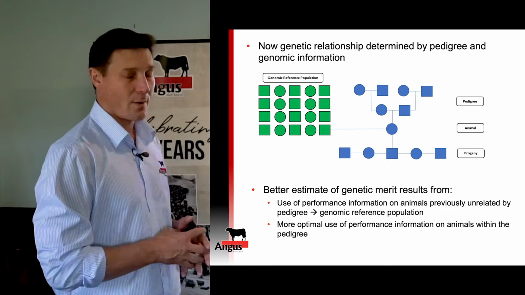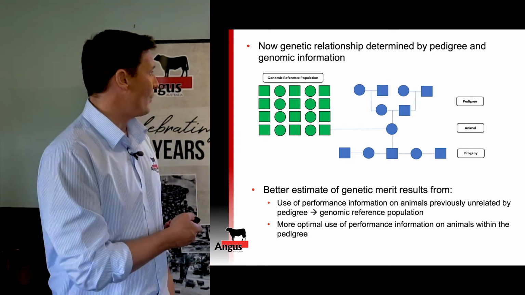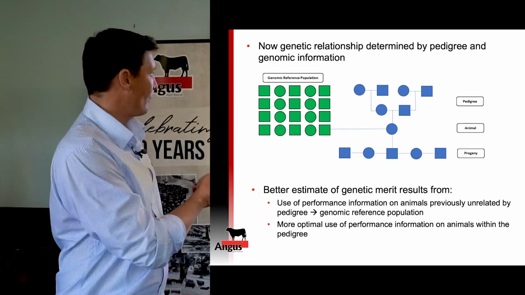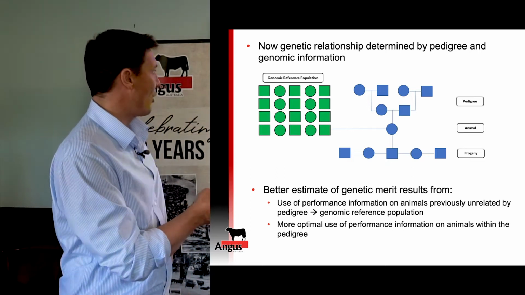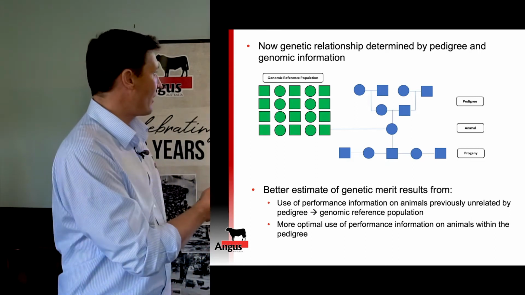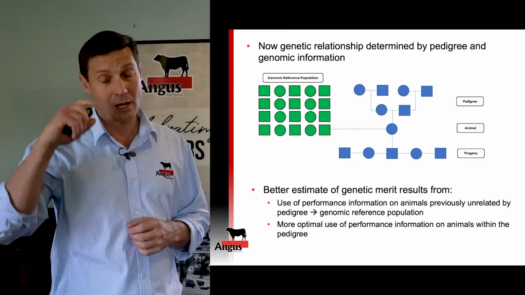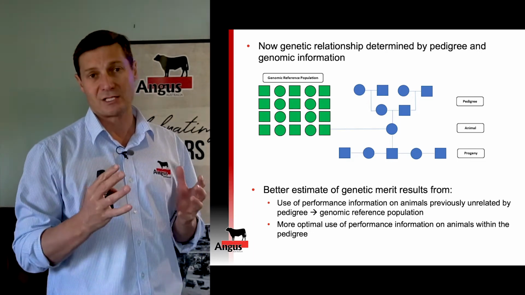And this is the genomic reference population. Now, through DNA, we've still got the relationships based on the pedigree, but by combining in the DNA information, we'll know that this animal, even though it might not have any direct pedigree links to the animals in the genomic reference population, will share some genes in common.